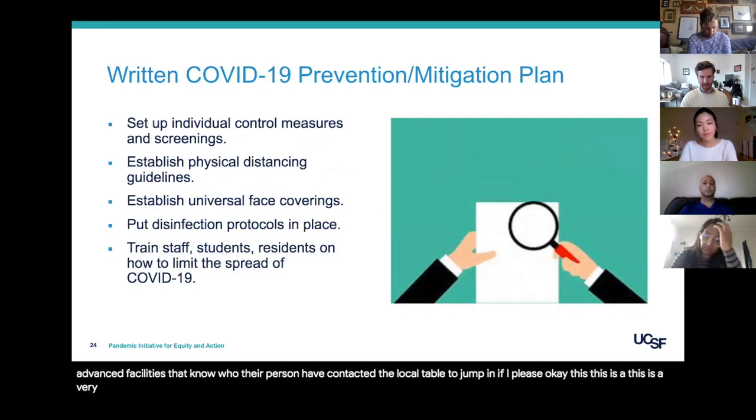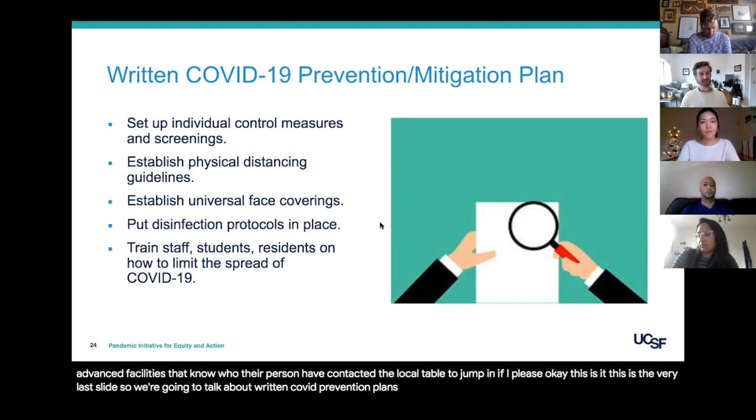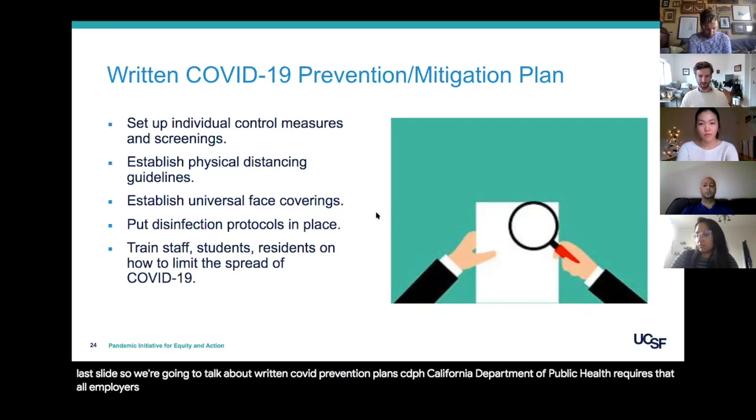This is the very last slide. So we're going to talk about written COVID prevention plans. CDPH, the California Department of Public Health, requires that all employers implement and periodically update a COVID preparedness, response, and control plan. That is a plan that's specific to their workplace or industry.